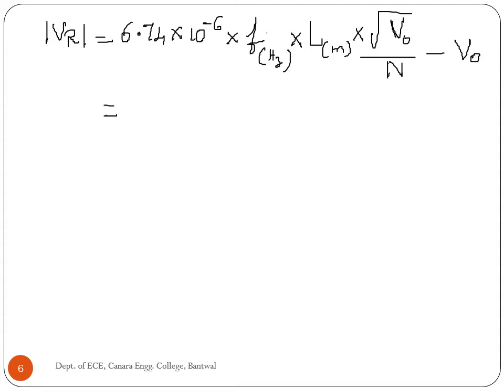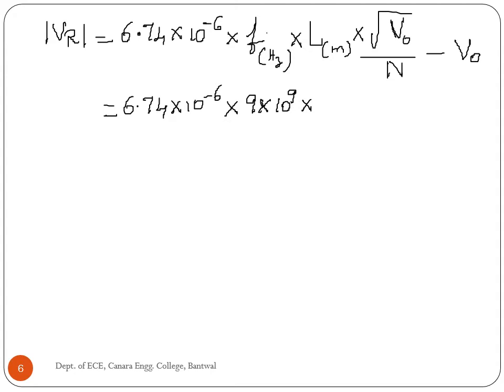Repeller voltage is equal to 6.74 into 10 to the power minus 6 multiplied with frequency is 9 gigahertz, 9 into 10 to the power 9.